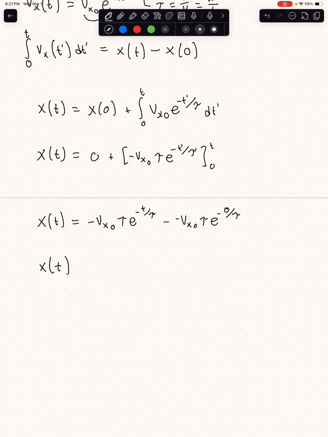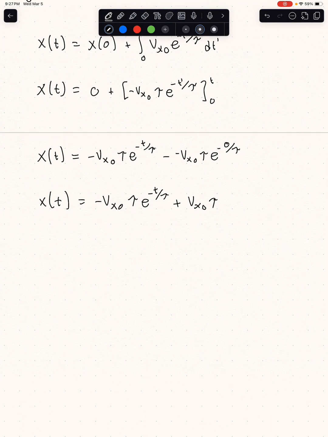And remember that anything to the 0th power is just going to be 1. So this will give us negative vx naught tau e to the negative t over tau. Minus a negative goes to plus, so this will be plus vx naught tau. This guy goes to 1, so we don't need to write anything in there.